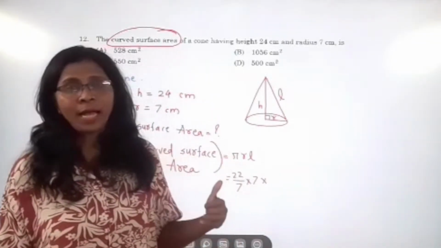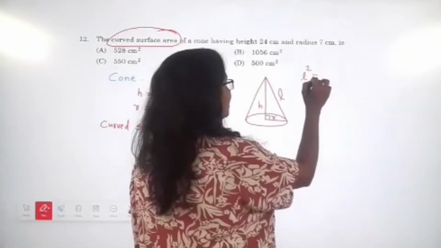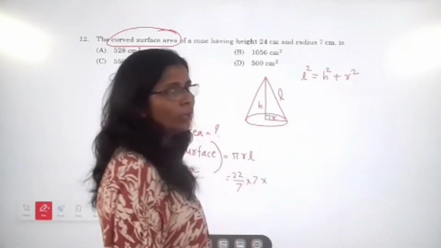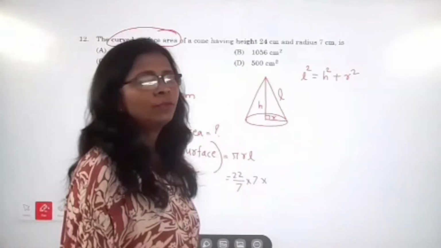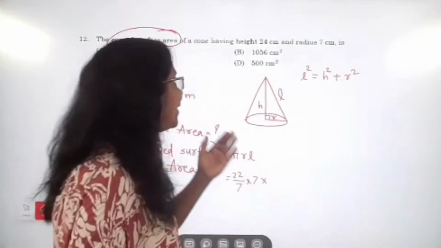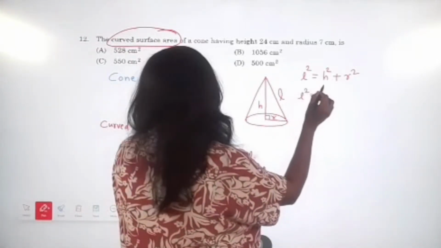Applying the Pythagoras theorem, we conclude that L square is equal to H square plus R square. Very easy formula, from this geometrical figure.